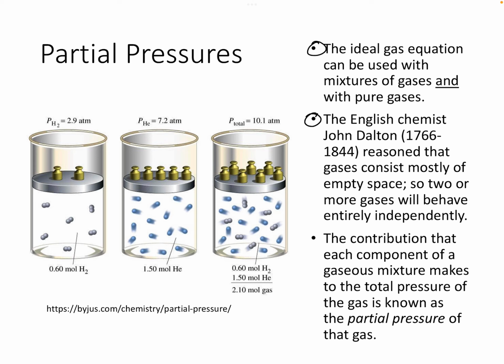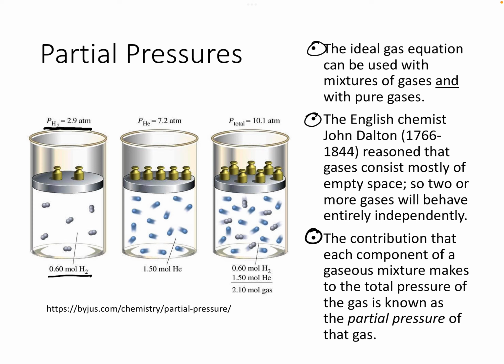So the contribution that each component of a gaseous mixture makes to the total pressure is known as the partial pressure of that gas. So off to the side, I have a diagram, and on the very far left, there's a sample of hydrogen gas. And there's 0.6 moles of hydrogen gas in that cylinder, and it has a pressure of 2.9 atmospheres.